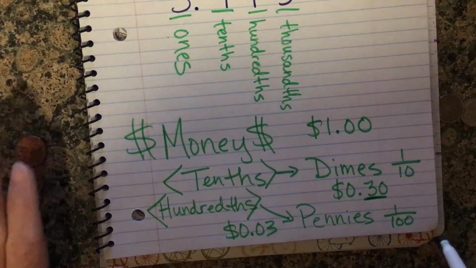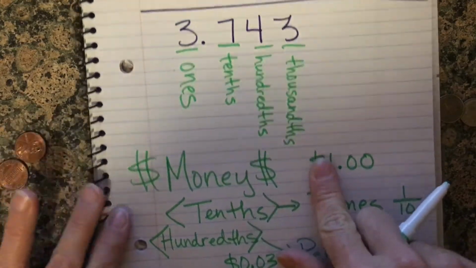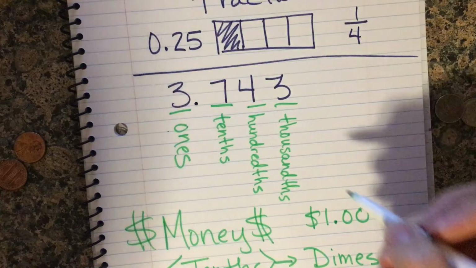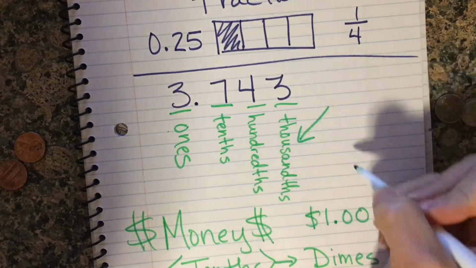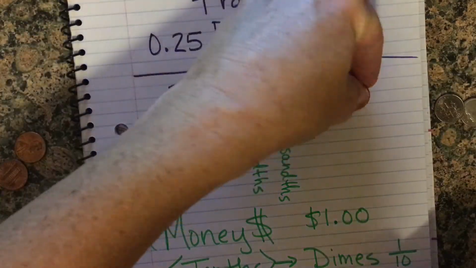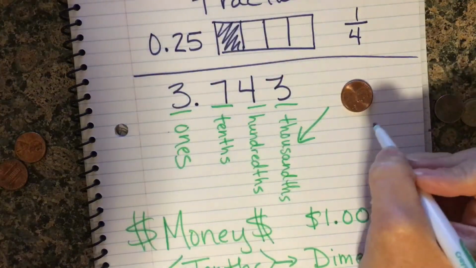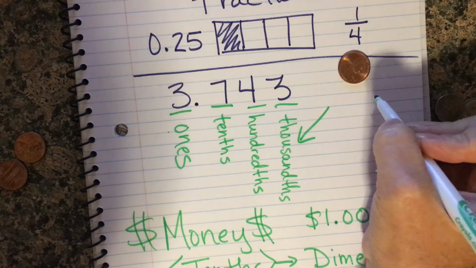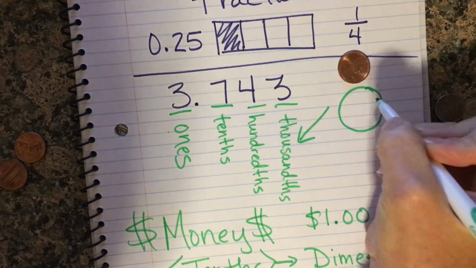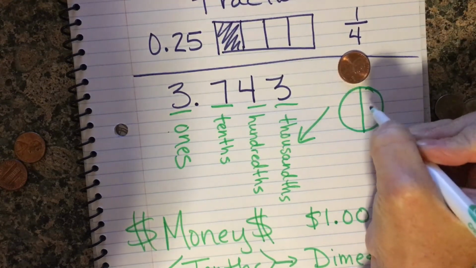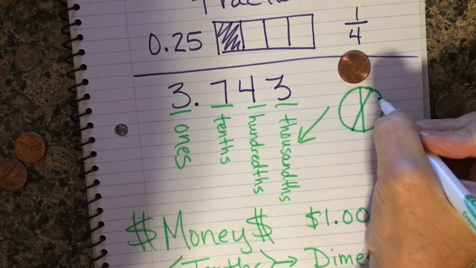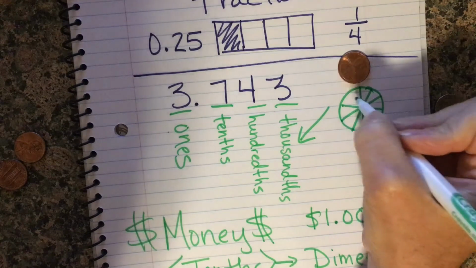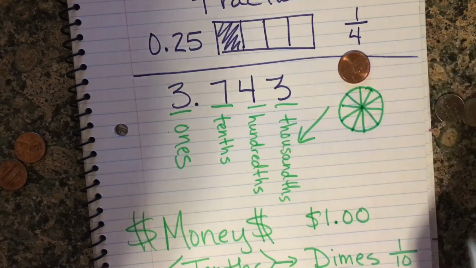So a lot of times when we get to thousandths, you guys have a hard time understanding what a thousandth is. If I take this penny and I took a laser and sliced it into 10 tiny pieces, I'm going to draw a penny to represent this so you can see. Pretend they're even.